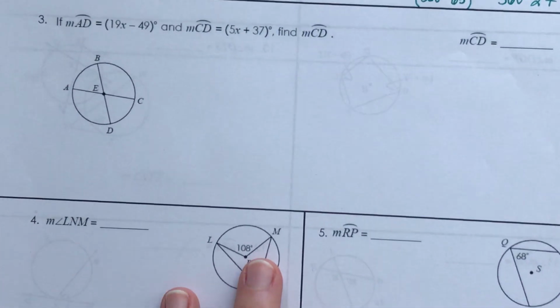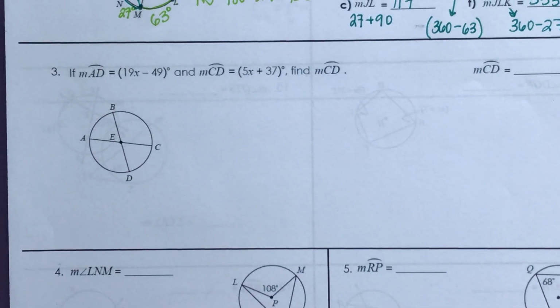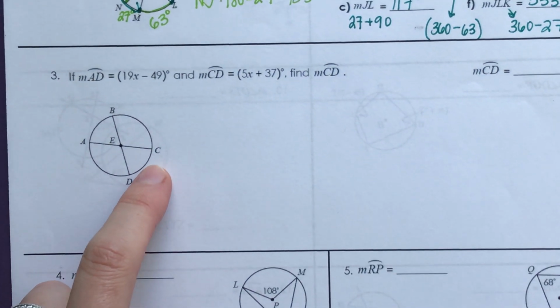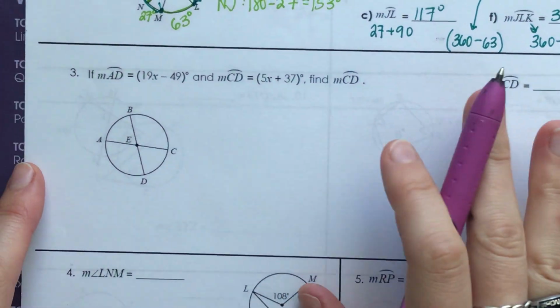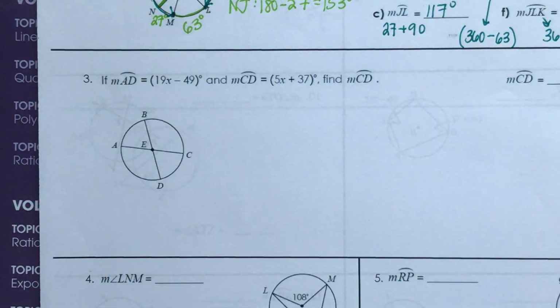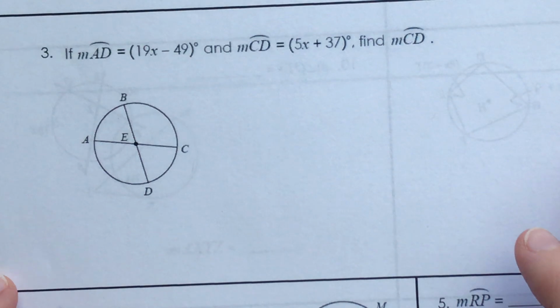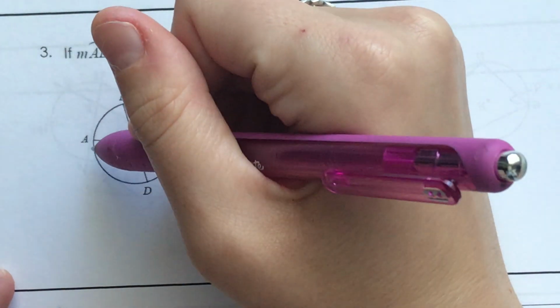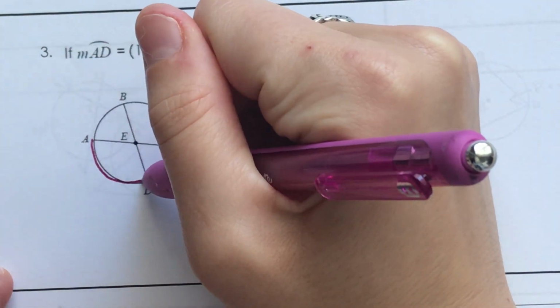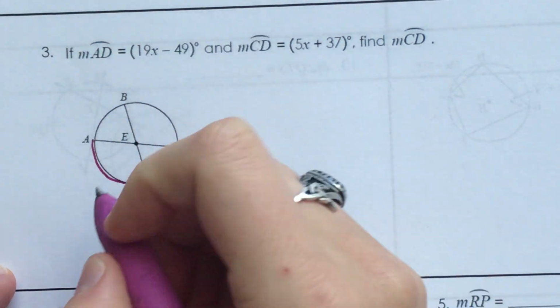Okay, next one. Number 3. If the measure of arc AD is that equation, and the measure of arc CD is the other equation there, find the measure of arc CD. Now, they tell me that arc AD, so this large piece right here, is 19x minus 49 degrees.